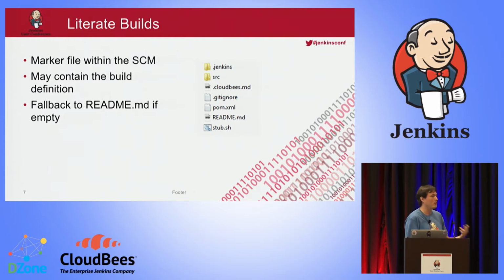By default, you can leave it empty. Then you can put the actual definition of the build in the readme.md. I will show you a bit later what it looks like. And then we have this .jenkins folder that may help you integrate with some of the Jenkins features.